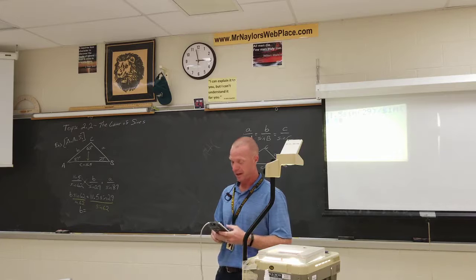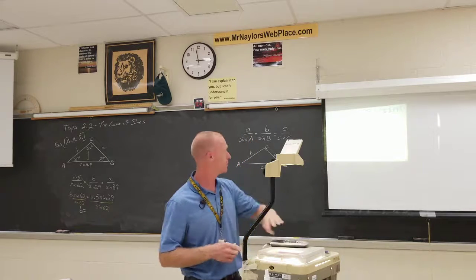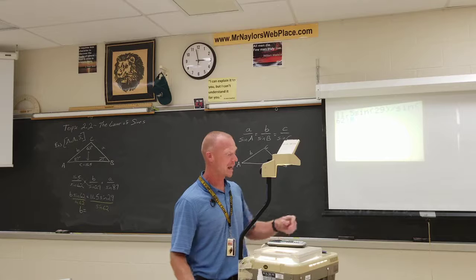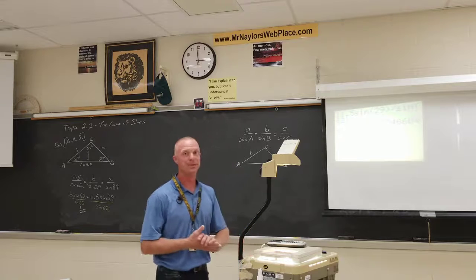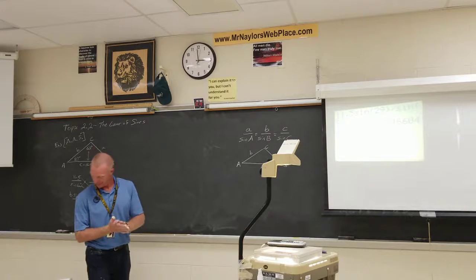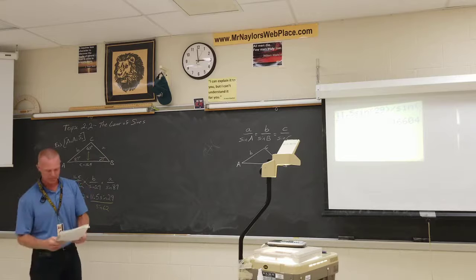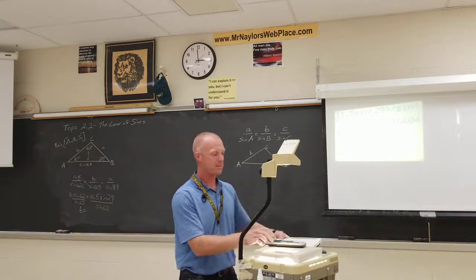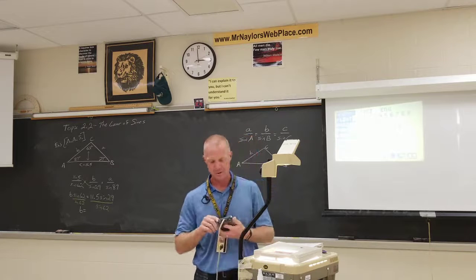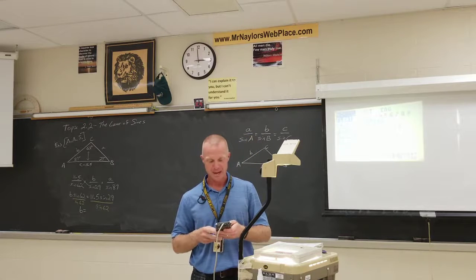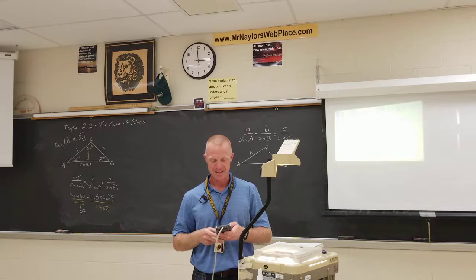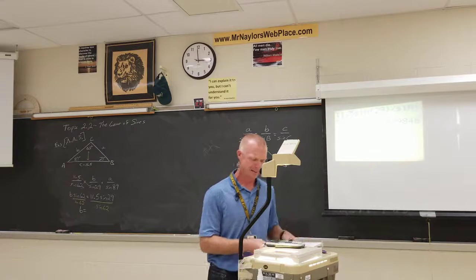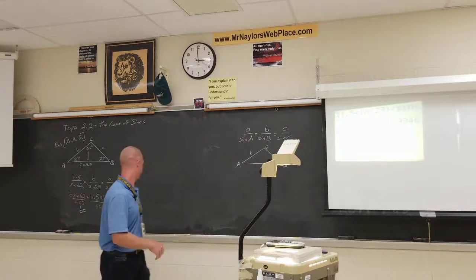You can type that all in one step. Most of the calculators you have can handle that, and we come up with 10, about 10.3 for side B. Something doesn't look right there. My calculator might be in radians. Yes, my calculator is in radians. So try again. This time you get 6.3, about 6.31.